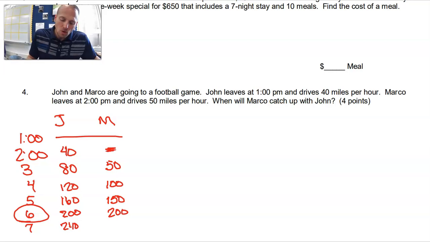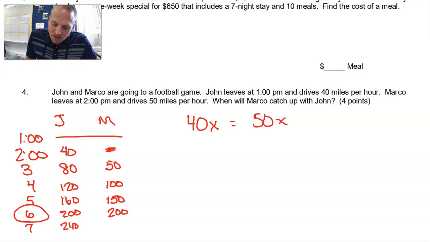All right, so John leaves at 1 o'clock and drives 40 miles per hour. So John is 40 times x. Marco is going to be 50 times x, except Marco didn't leave at the same time John did.